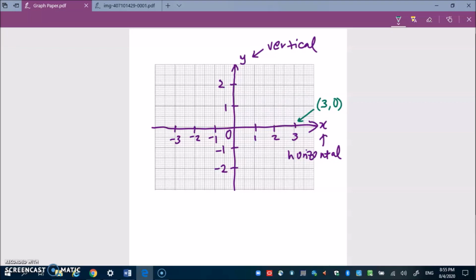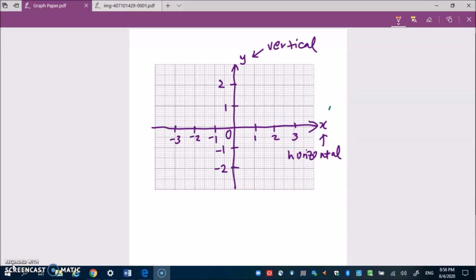Similarly, on the y-axis, let's say I want to find what this point is. It will be 0, -2, because all the x values along the y-axis are 0. So this point here is 0, -2. That's how we write the coordinates.